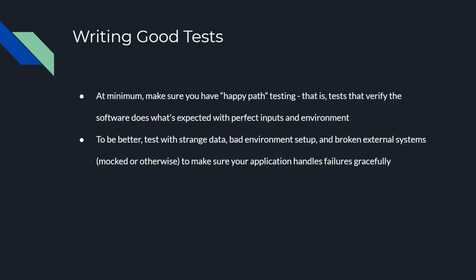But if you do have more time, make more robust tests. More robust tests are things like give your function a data type that it doesn't expect, or if your function expects a number, for example, give it a really big number, or give it a negative number, or give it an irrational number, or if it takes in a string, generate some really giant string or something like that.